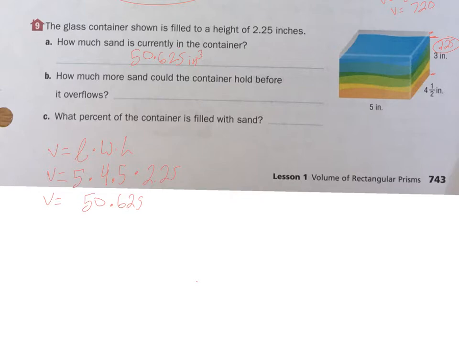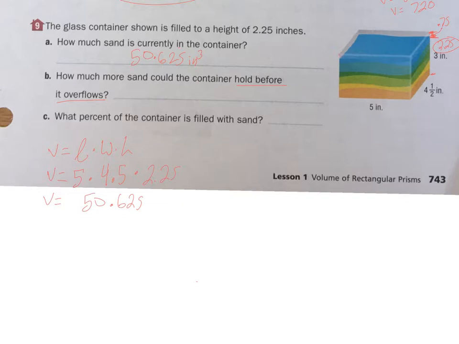How much more sand could the container hold before it overflows? So now we're talking about this little area here. What is left? Well, I'm going to take 3 minus 2.25, and it's going to get me 0.75.